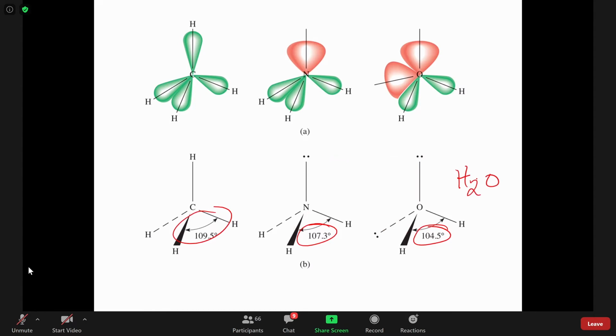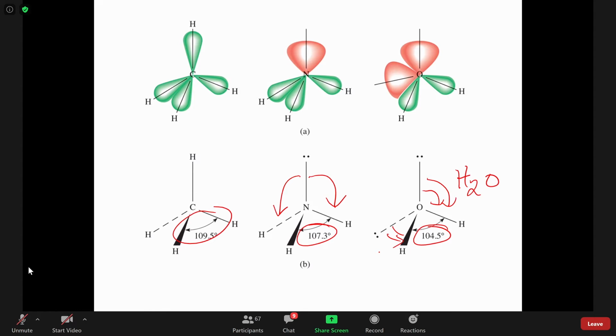Why? Well, the reason is the lone pair exerts even more repulsion relative to the bonding pairs than the bonding pairs do to each other. And it becomes more extreme in this case because we have 2 lone pairs compressing the bond angles.